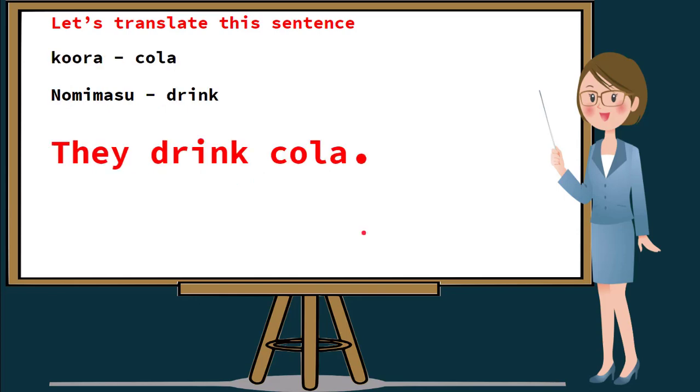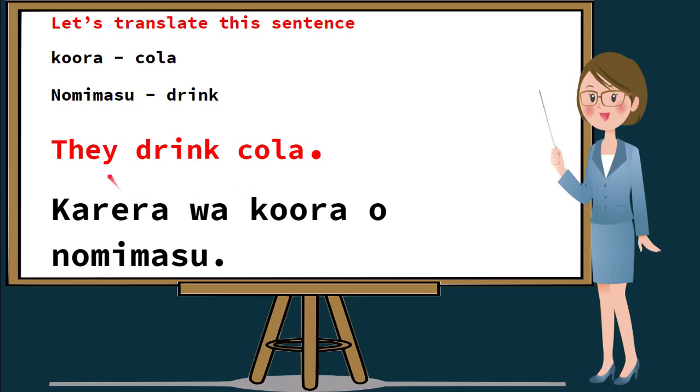Let's try to translate another example. They drink cola. We will be using kora for cola, and nomimasu means to drink. Again, I'll be giving you 5 seconds to translate it in Nihongo. They drink cola. Very good. They drink cola in Nihongo is karera wa kora o nomimasu.